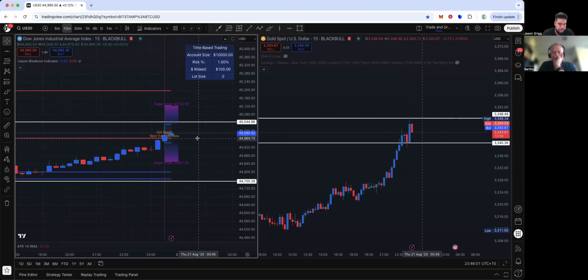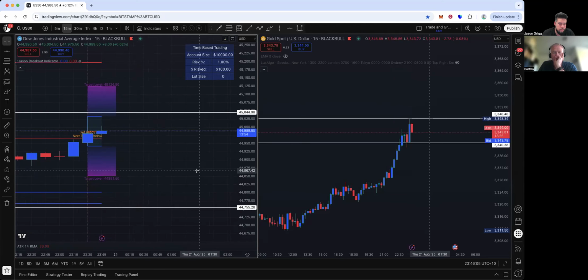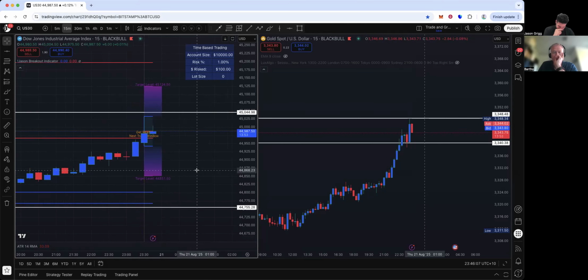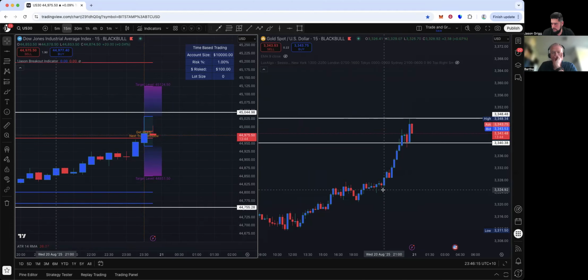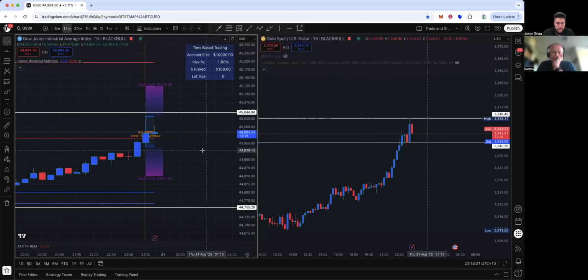Creeping up. Yeah, I would prefer to take the short down from here.